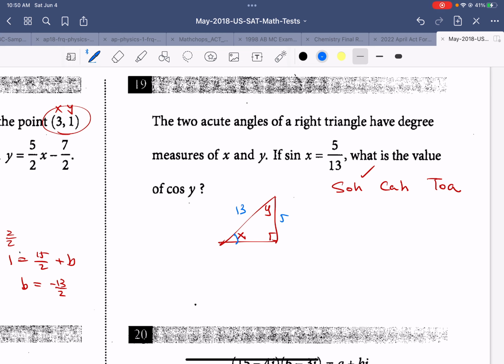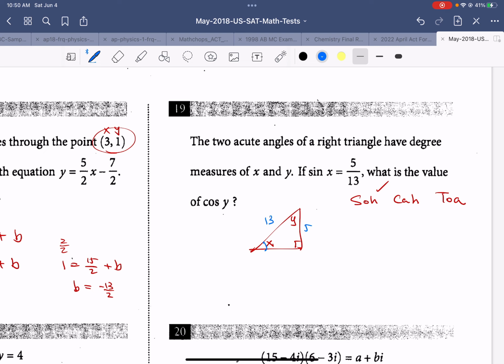Only 30, 60, 90 and 45, 45, 90. But I want you to remember those additional triples for Pythagorean triangles. So 5, 12, 13, and 7, 24, 25, 8, 15, 17.